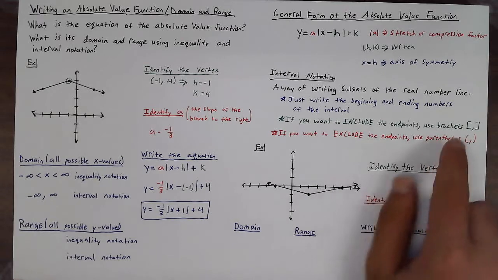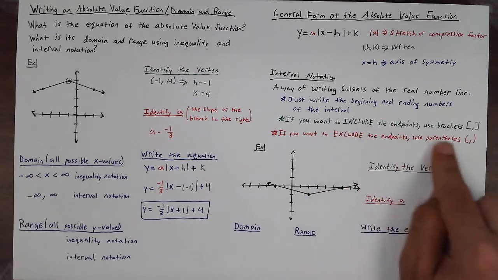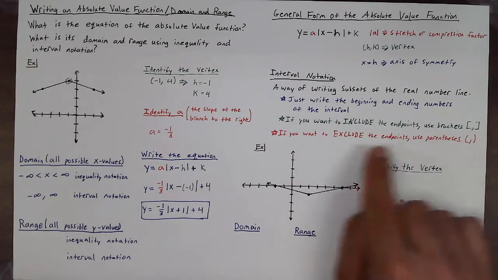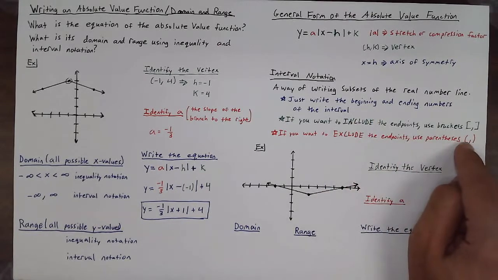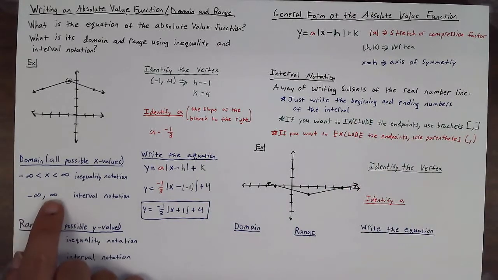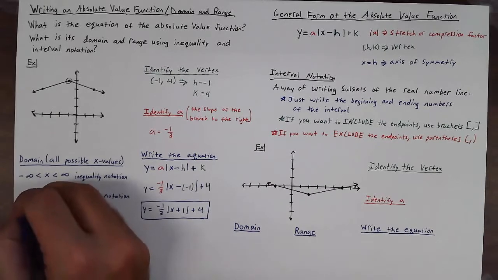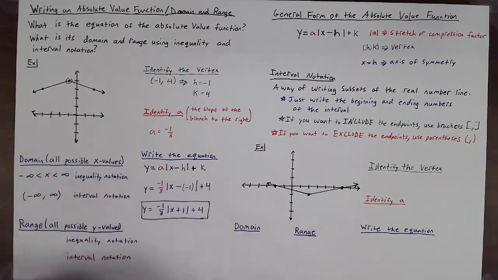If I want to include them, I will use brackets, these little boxes. If I want to exclude those endpoints I just wrote, I'll use parentheses. Now, infinity and -infinity aren't necessarily real numbers that we can use tangibly, so we'll always have to exclude infinity, since it's not an actual number.